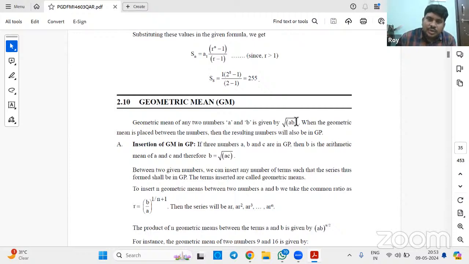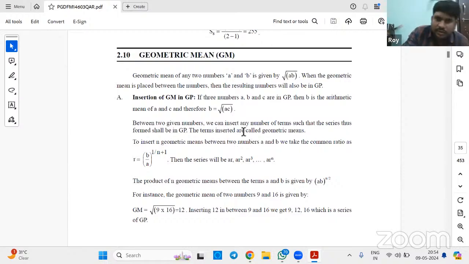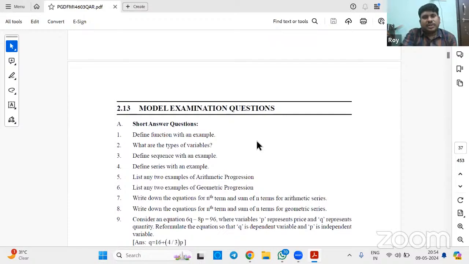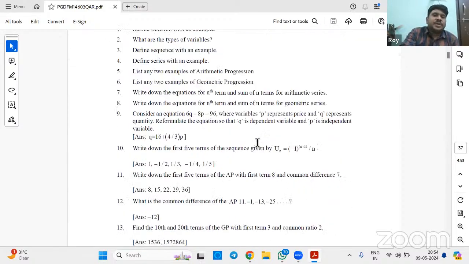Then the mean is root of AB. When the geometric mean is placed between the numbers, the resulting numbers will also be a GP, right? A is equal to root of BC. Okay, these are the things we have in this.